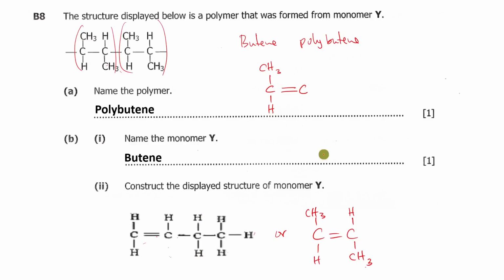I can put it on top here. Or I can even say I removed this one, gave it here. Then this one, C1, 2, 3, bring it down here. C3. Then it has become the same one. So construct the displayed formula, either this one or this one, just the same.